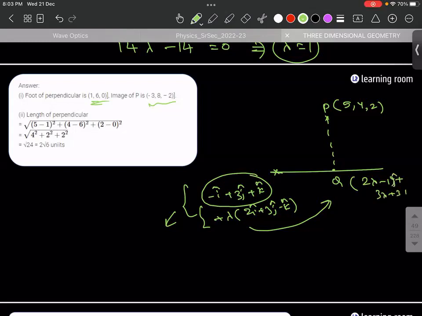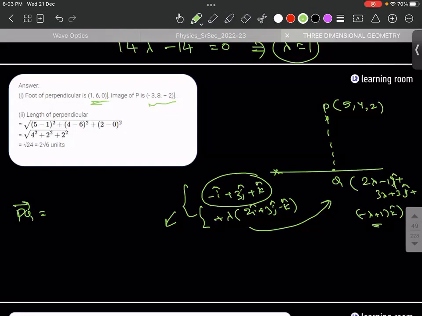Correct. So we got the position vector of Q, and we also know the position vector of P. Now we find the PQ vector, Q minus P. And this vector, with the direction vector 2I cap plus 3J cap minus K cap, if we do the dot product, it is 0.